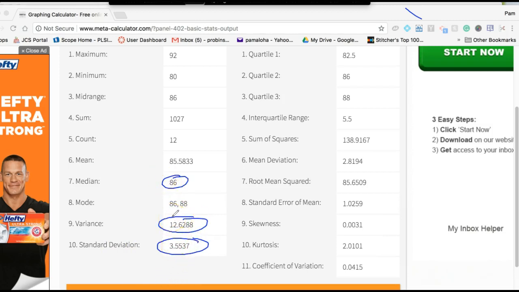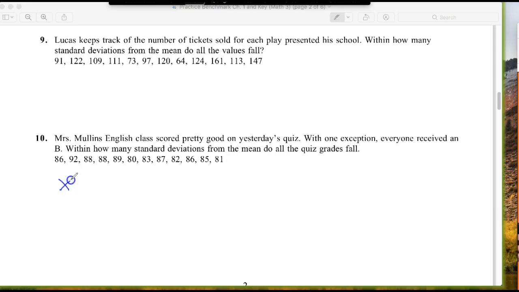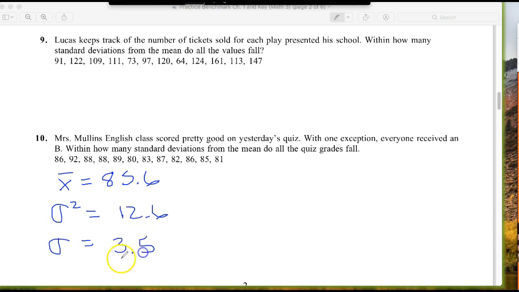So a tighter grouping of data here. Let's go ahead and work with that. My mean was 85.6. My variance was 12.6, and my standard deviation, square root of that, is about 3.5. Okay, so let's see where our values fall.